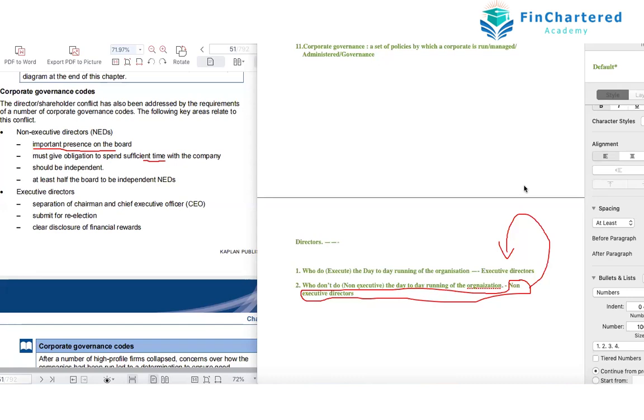No, it will be somebody independent, completely unbiased. Same way, non-executive directors are watching over the actions of the executive directors. Therefore, NEDs must be independent. And at least half of the board should be NEDs so that they can watch over the actions of the executive directors.